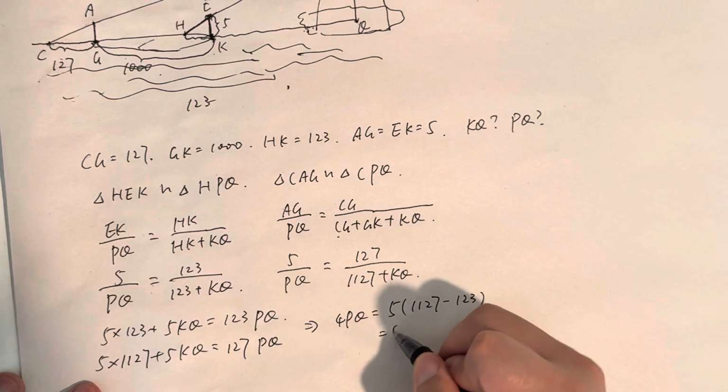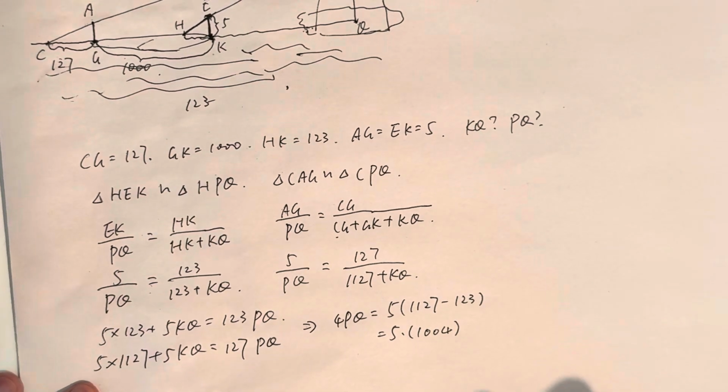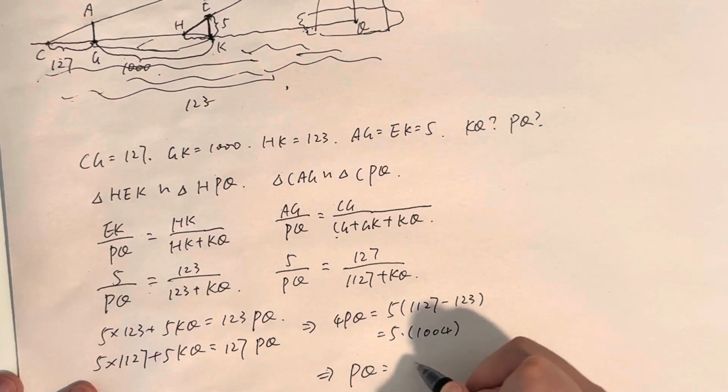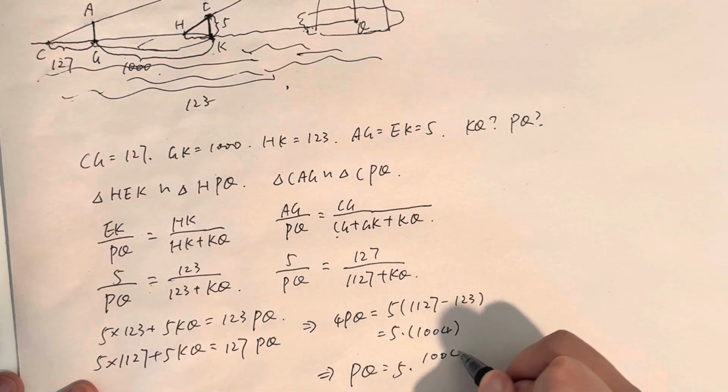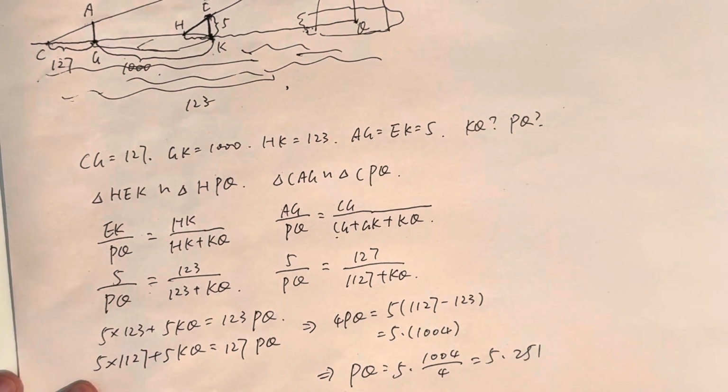Right? That equals 5 times 1004. Right? That means PQ equals 5 times 1004 divided by 4, which is 5 times 251.